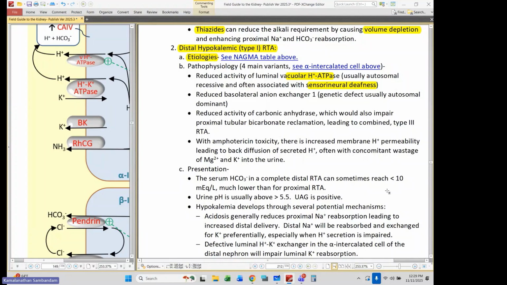But there are several things that can be associated with sensorineural hearing defects, including this ATP6V1B1 genetic defect. We have a couple of these patients in our Parkland Renal Clinic. Again, basolateral anion exchange defects.